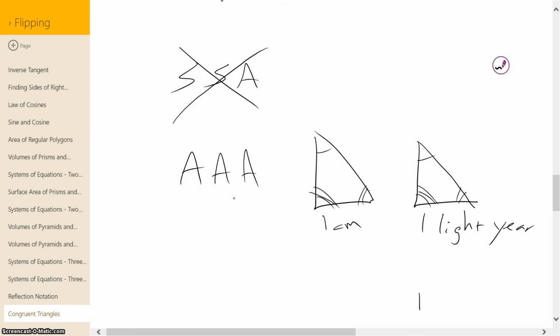They'll still be similar, they'll still have congruent angles, but we have no side to put this in any sort of frame of reference.